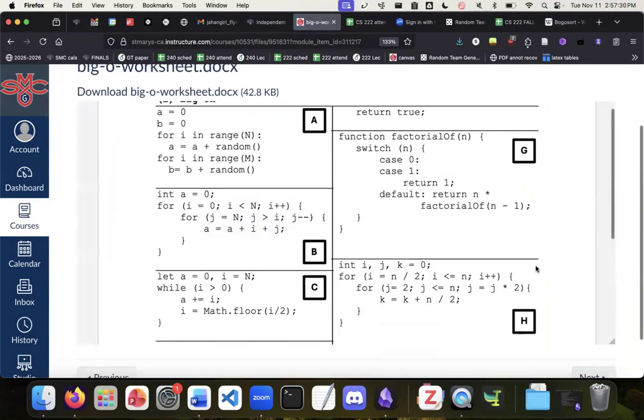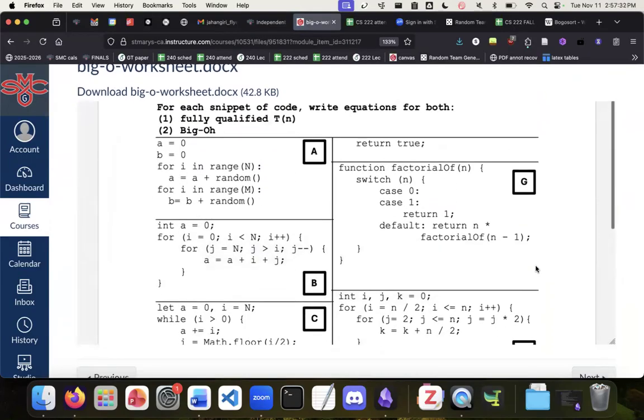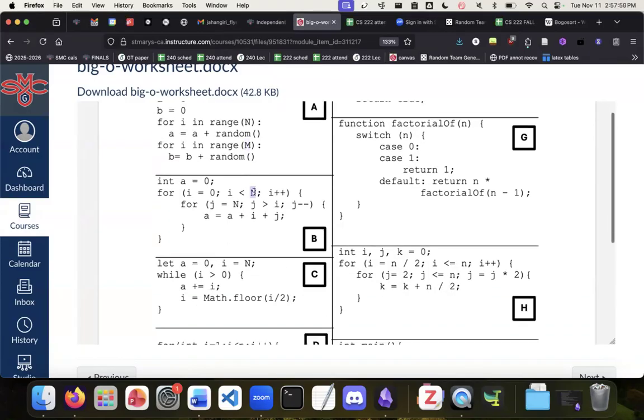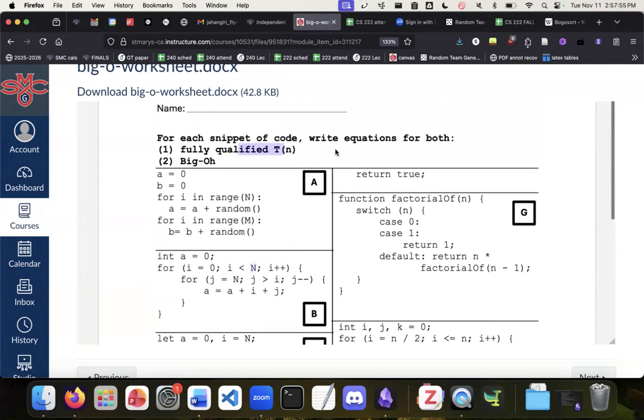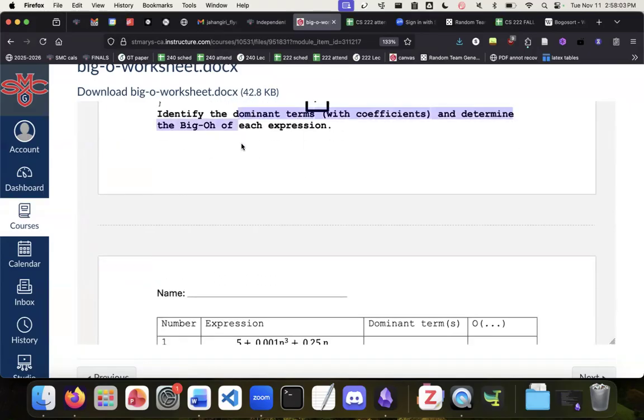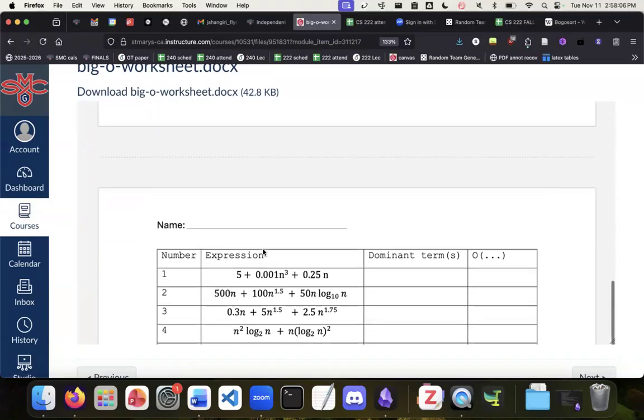This is practice where I would like to know what T of n is, assuming n is the size of our input. In some cases it's capital N and capital M, in some cases just capital N. Some of these are tricky. Once you find that, what's Big O? That's the first page. If you download it, I think that gets fixed.